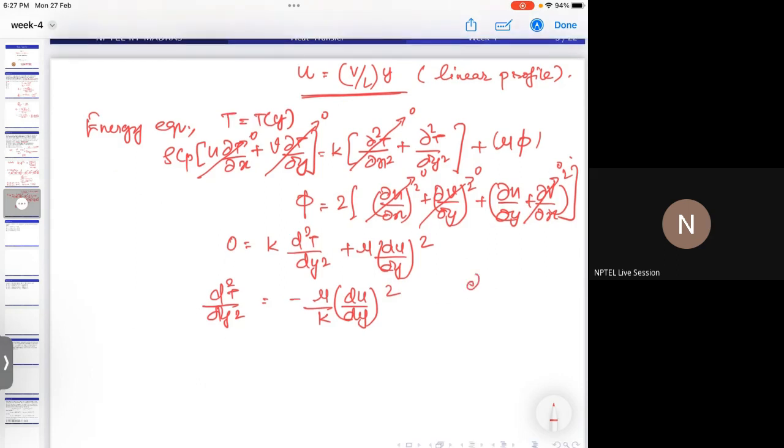So what is du by dy? We already found out the velocity profile. What is du by dy? V by L. Yeah, it's V by L. So we substitute here.